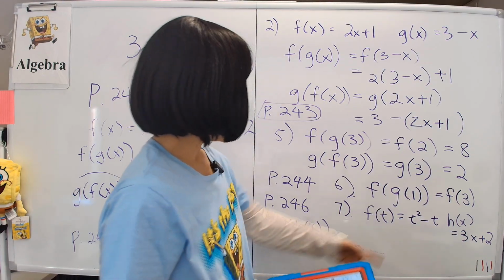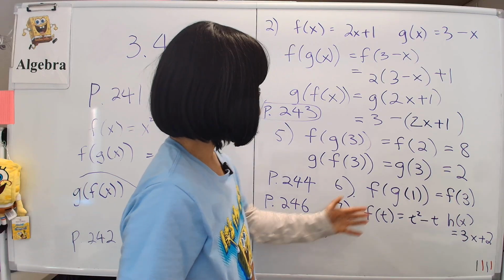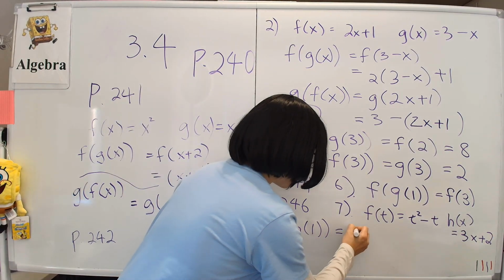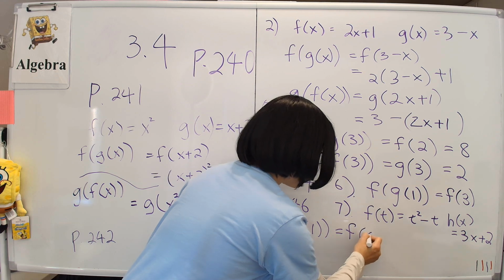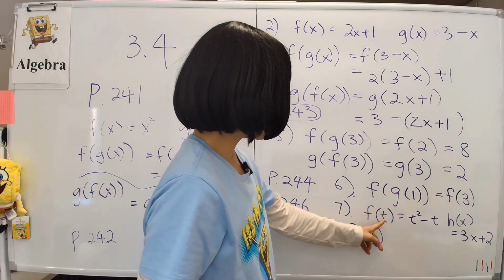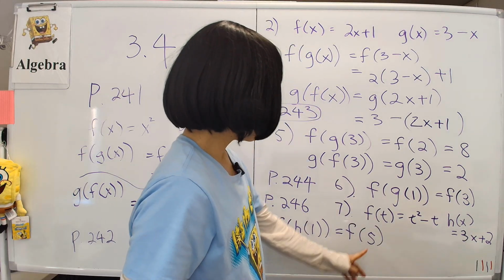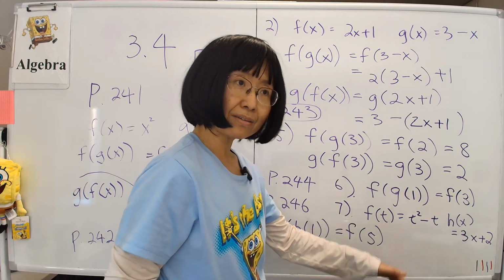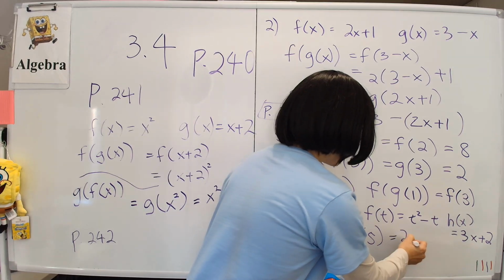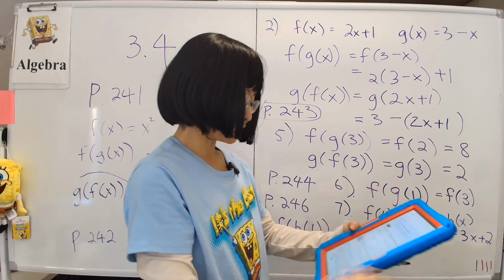If you plug 1 in the input position, which is x, then h of 1 will be 3 plus 2 is 5. So we'll write that down. That equals f of 5, okay? And then f is defined as you take the input, square it, and subtract itself. So 5 squared minus 5, that's 20, okay? So that would be the answer. That equals 20, and as you can see, that is the right answer. So that is always great.